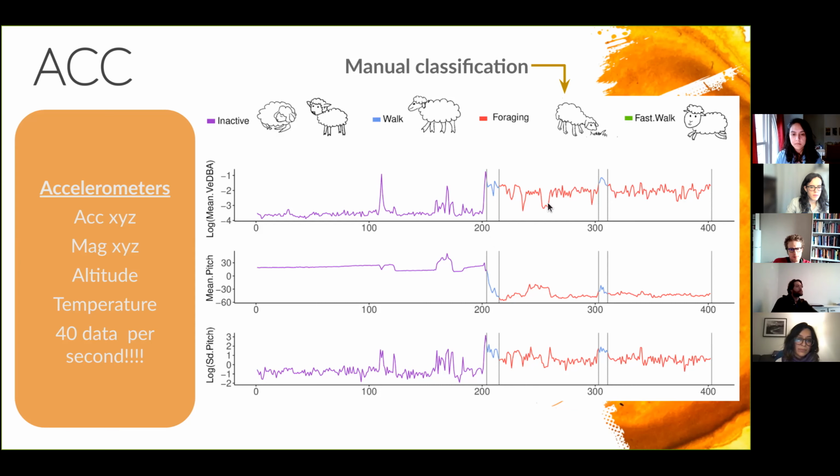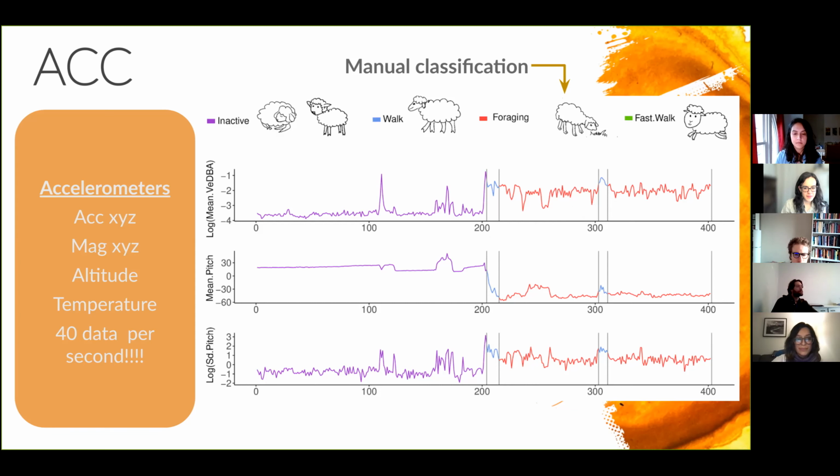Then the sheep starts eating, and then she walks again, and then she eats again. In this example, we don't have the fast walk behavior, but this is just one example. So something like that is our data.